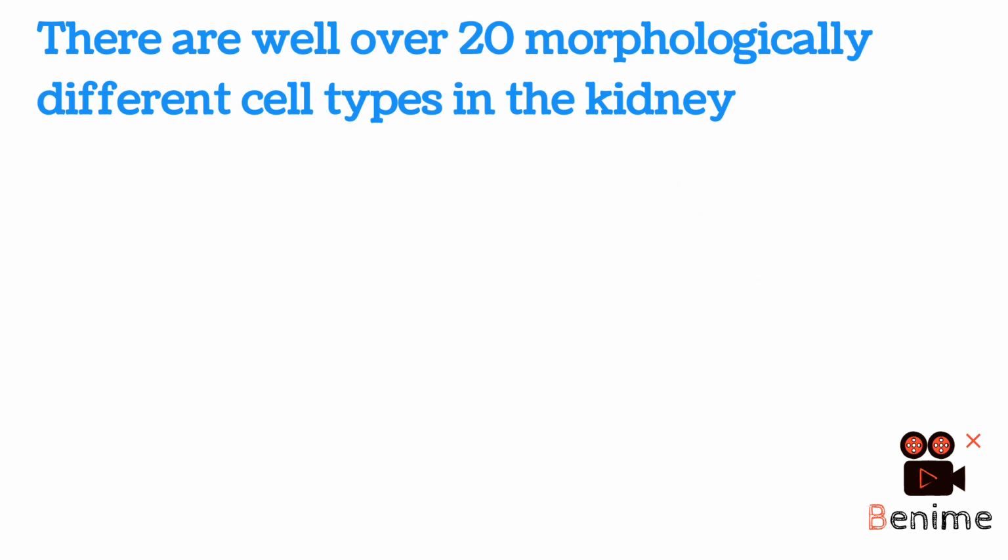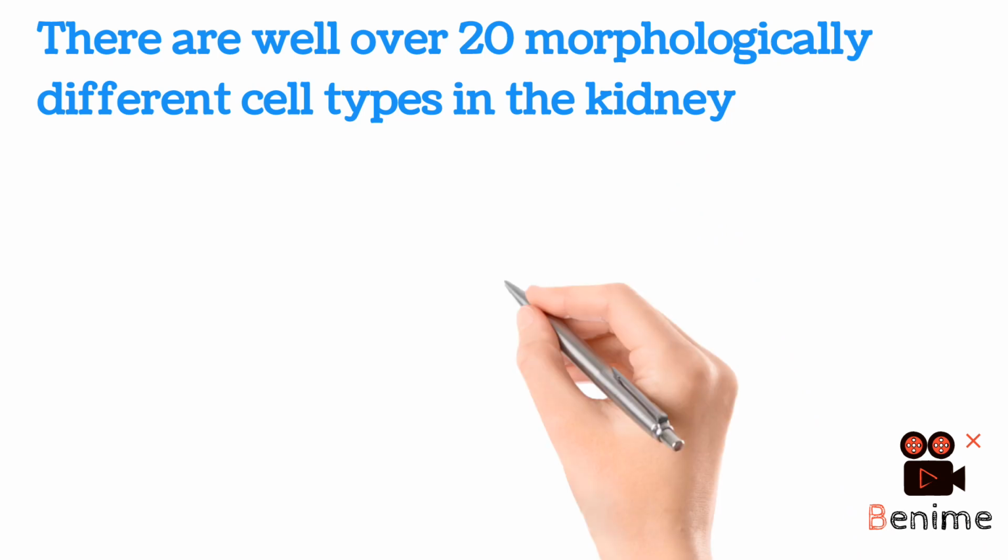There are well over 20 morphologically different cell types in the kidney. So these 20 different cell types, which are different in terms of their morphology like size, shape and all, might have some characteristics which make them different.